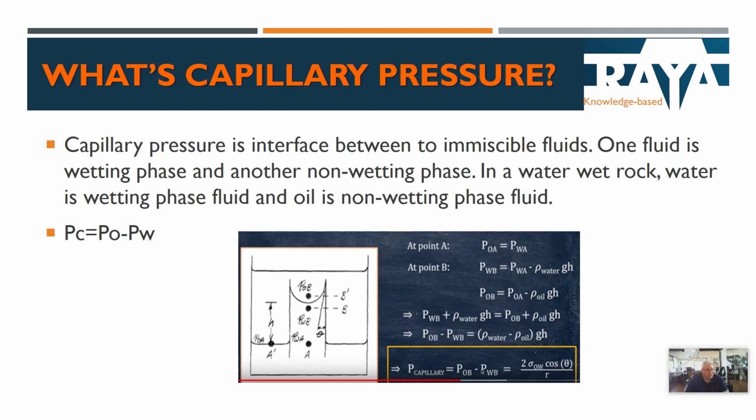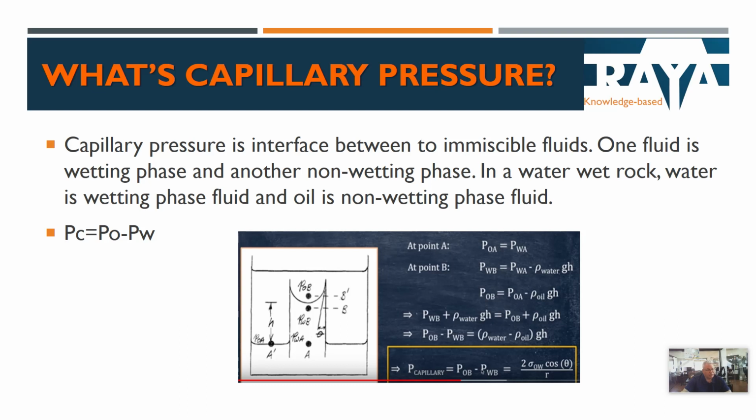As you see in the figure, if we have one container, inside we have oil and water with a capillary tube. At point A, the capillary pressure is 0.